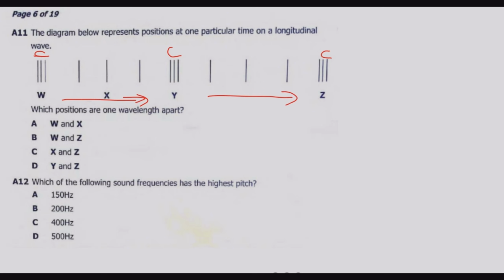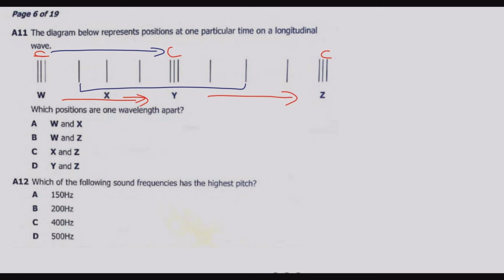If we are to find the wavelength, we get it from this compression to another compression, or from this point to another corresponding point here, not this one. So the corresponding points are here to here or there.